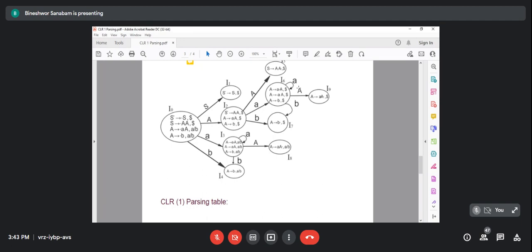So in this new parsing, the LALR1 parsing, it's going to combine all those states where they have the same LR0 items but different look ahead.